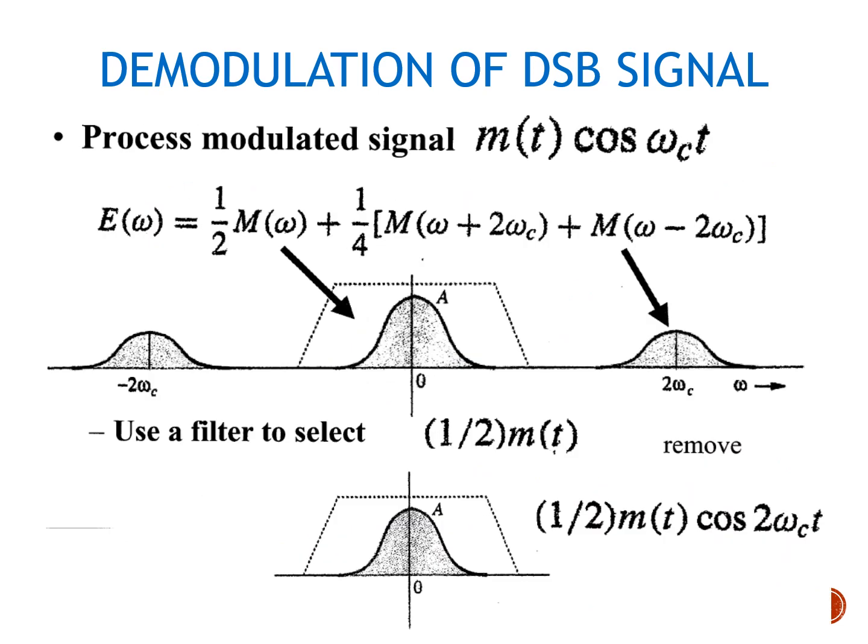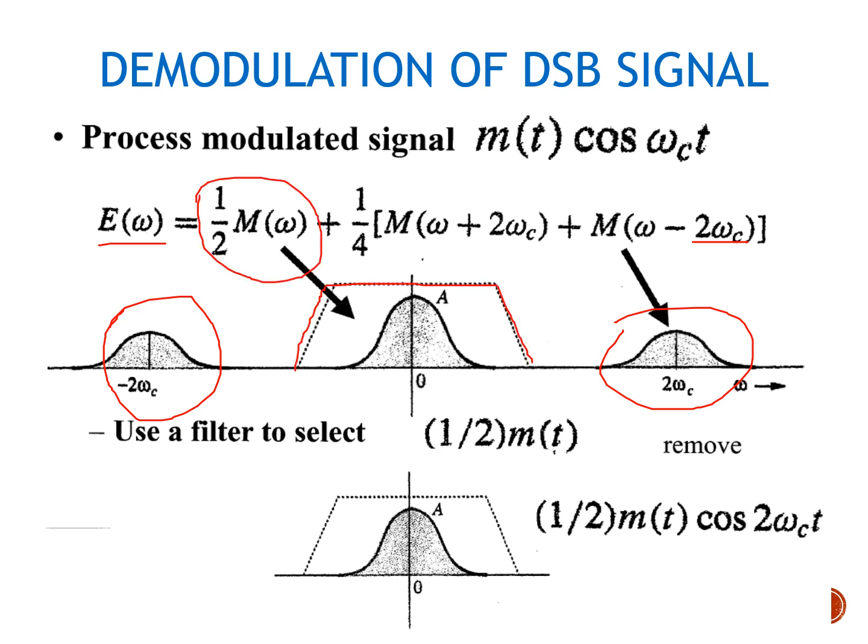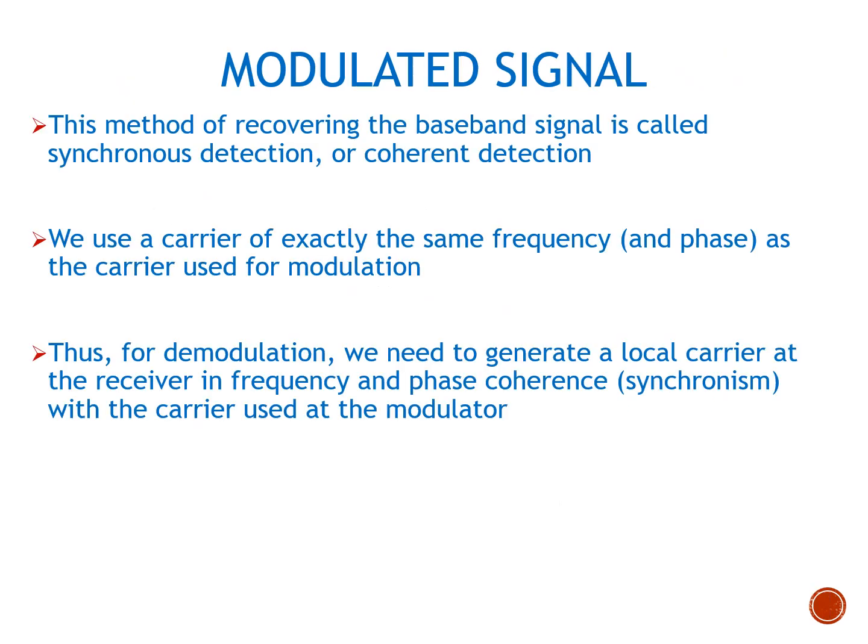If we look at this spectrum E(omega) in the plot, we will see that we have these components at twice omega c, so they can easily be rejected. We can use a low pass filter to extract this part, which represents only the modulating signal.